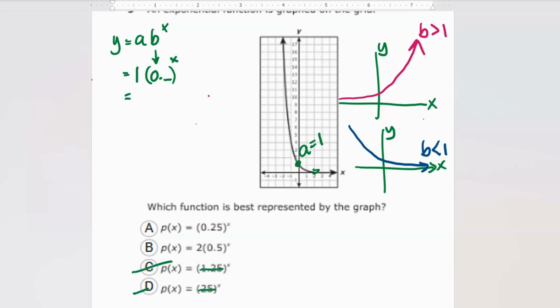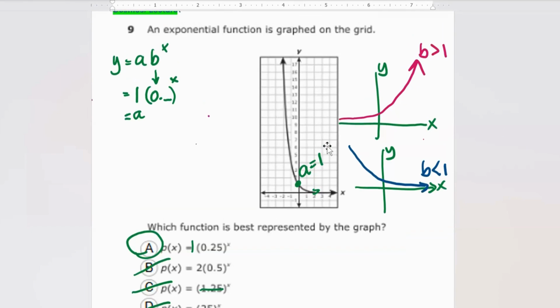So between A and B, the y-intercept is 1. Basically, the answer here is letter A because your y-intercept is 1. This one is 2, so this is not the answer.